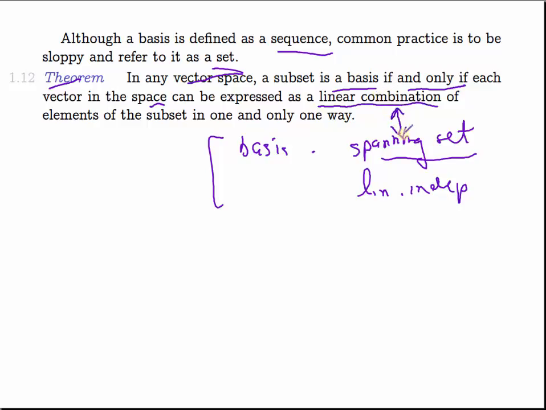So the two things that we need to show equivalent are linear independence and uniqueness: that there's only one way to express every vector in the space as a linear combination. So a basis gives me a unique representation of every vector.